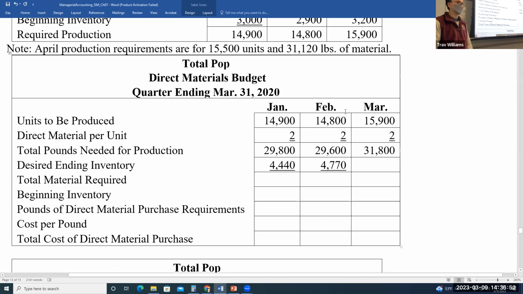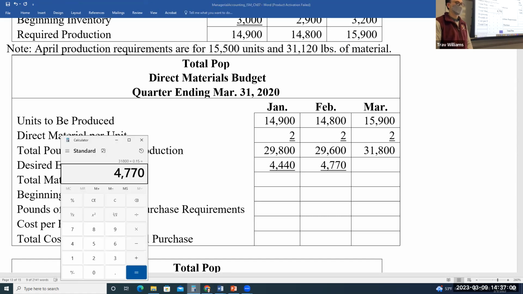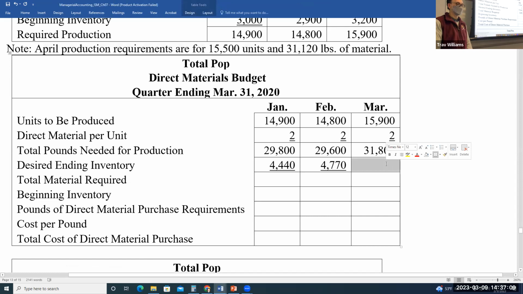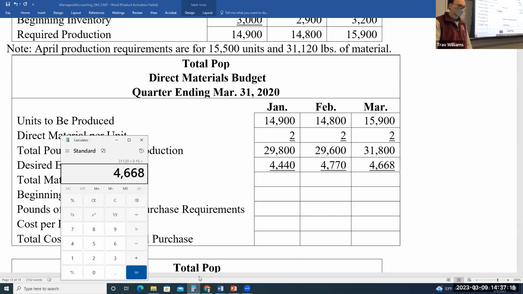And instead of making us figure it out, they gave us April production requirements, 31,120 pounds of material. We could take that and multiply by 15%. And we get 4,668. Okay, what do we do with the desired inventory? We add.